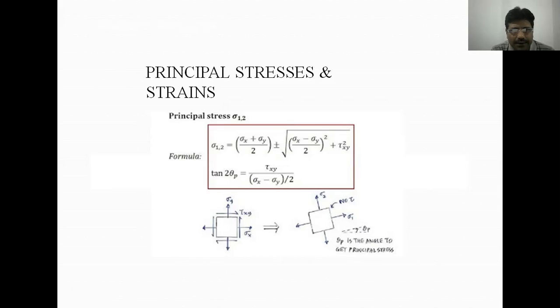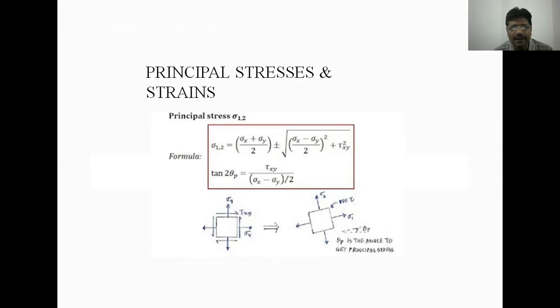So similarly, principal stress sigma 1, 2 is given by this formula, and the angle of the principal plane from the horizontal is given by tan 2 theta p equal to tau xy divided by (sigma x minus sigma y) by 2. That means to find theta, we have to find the slope of the plane along which there are no shear stresses, only direct stresses.